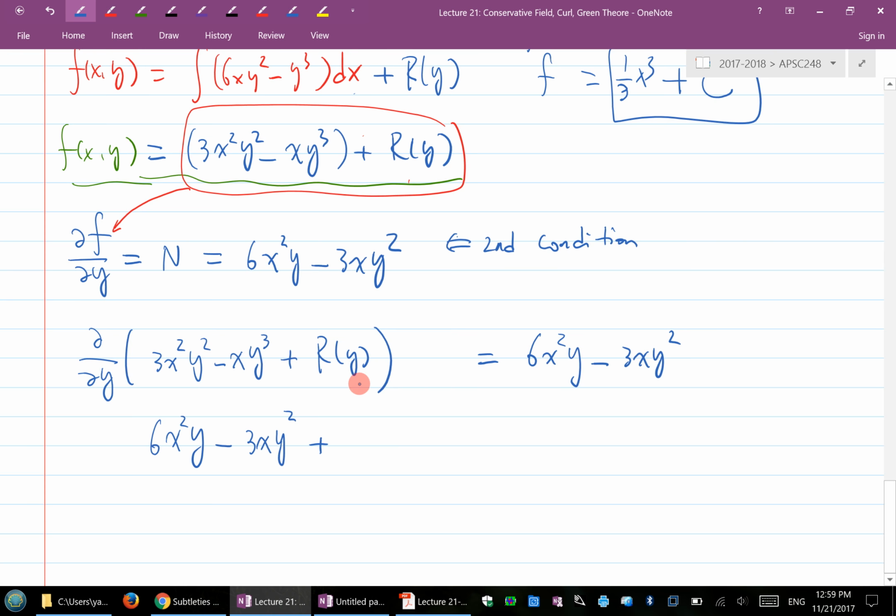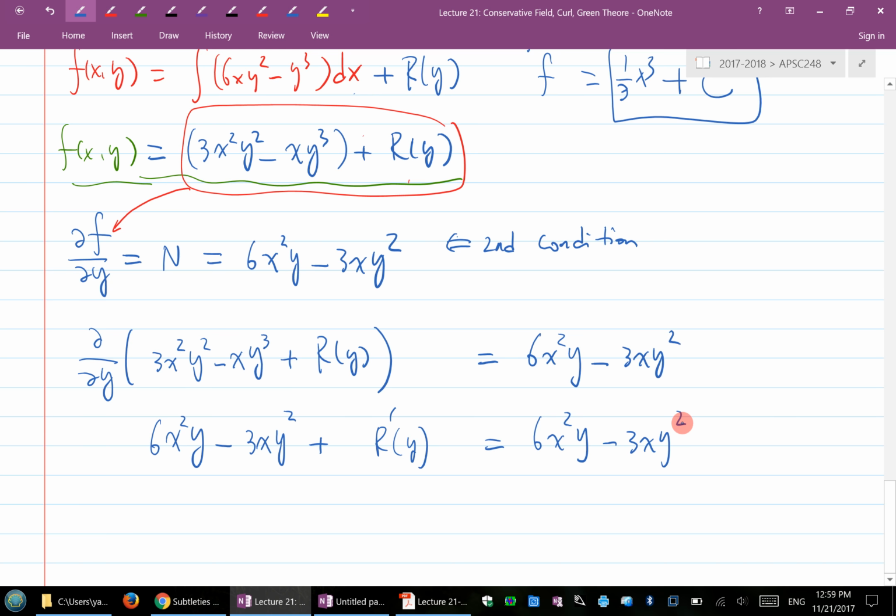But this is only a function of y, right? So it's not really a partial derivative anymore. This is basically a straight derivative. So you can maybe just call it r prime, a straight derivative, not a partial. And then this is equal to, again, the right side.